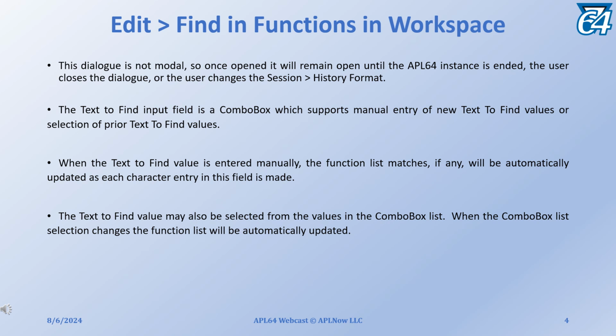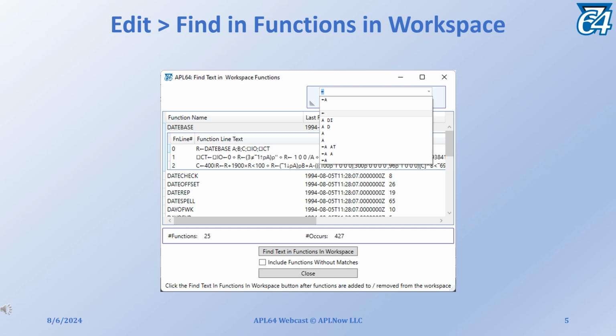When the target text is selected from the combo box list, the list of functions identified as containing the target text will be automatically updated. Since the text to find field is within a combo box, the list of previously entered text to find values are present.